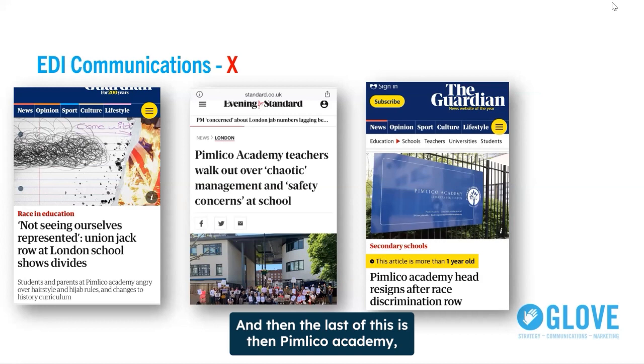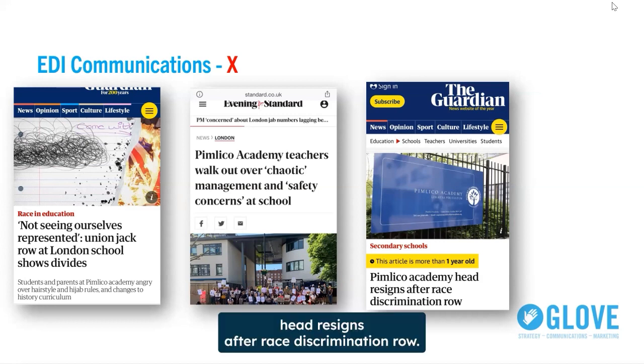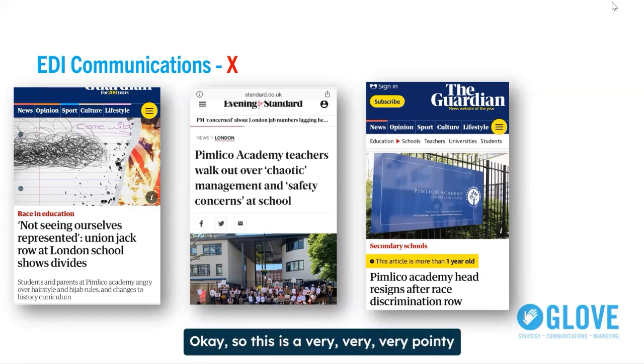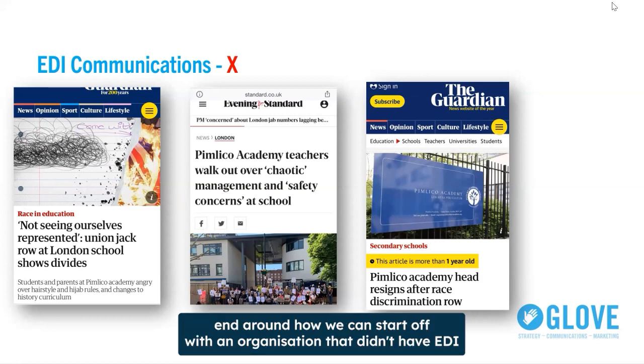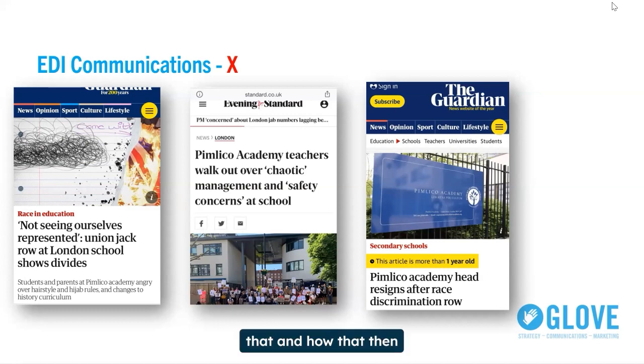And then the last part of this is Pimlico Academy head resigns after race discrimination row. Okay, so this is a very pointy end around how we can start off with an organisation that didn't have EDI and how that then spiraled out of control.